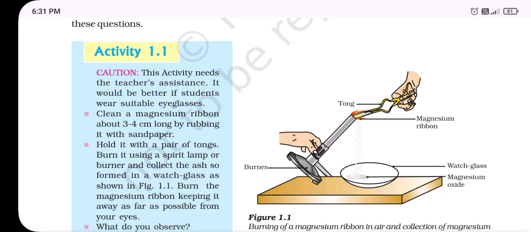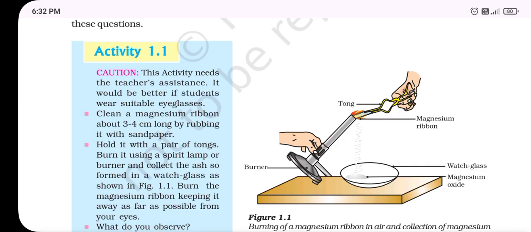Without your teacher, it's going to be a little dangerous for you, so you have to take the assistance of your teacher, because they already know the consequences. It would be better if students wear suitable eyeglasses.